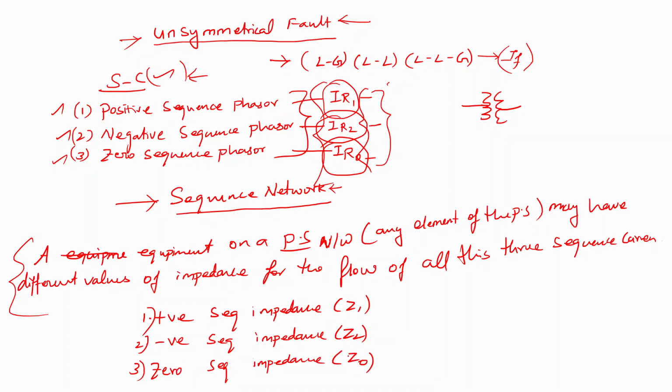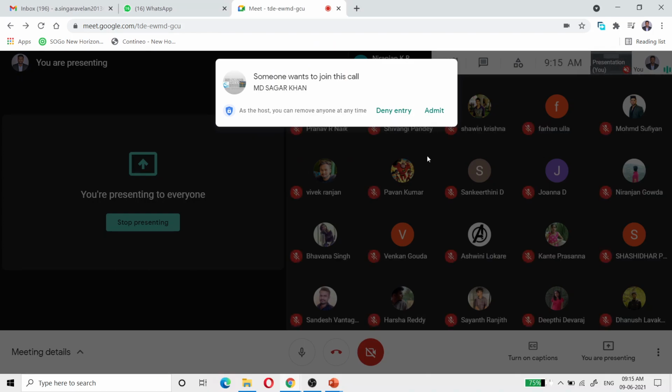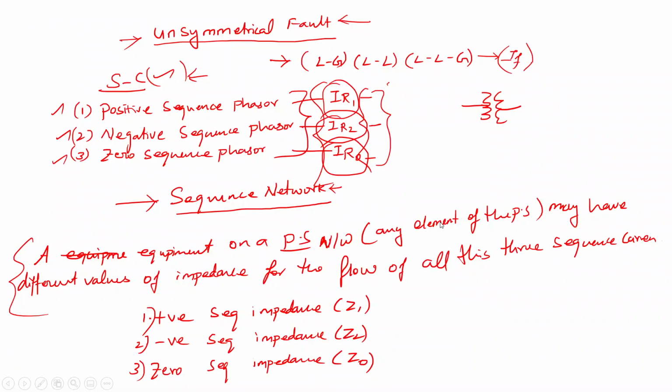So not only current, the impedance inside each and every component of the power system also has different values over different sequence paths. So you should have this understanding. It's not only about current but also the impedance.